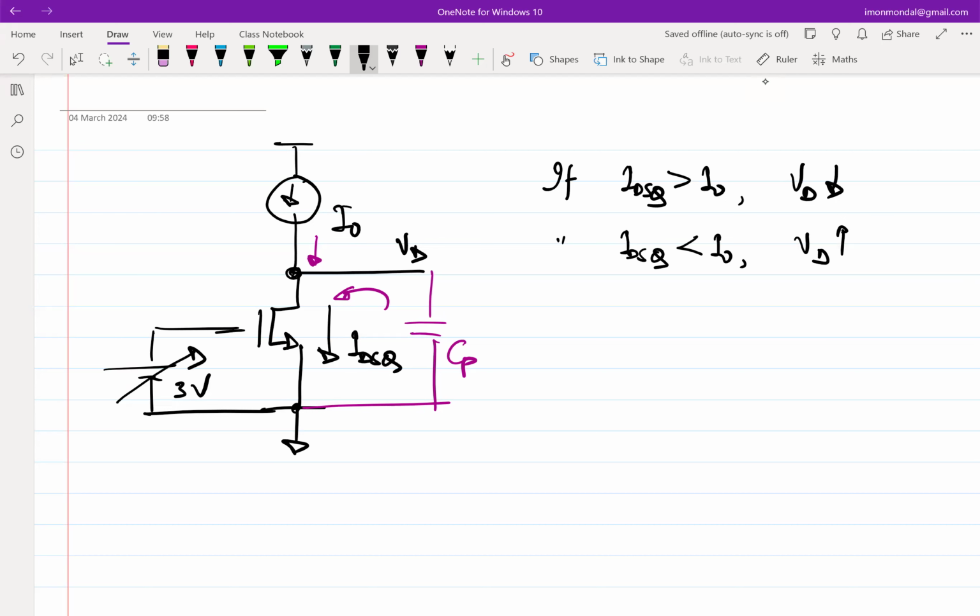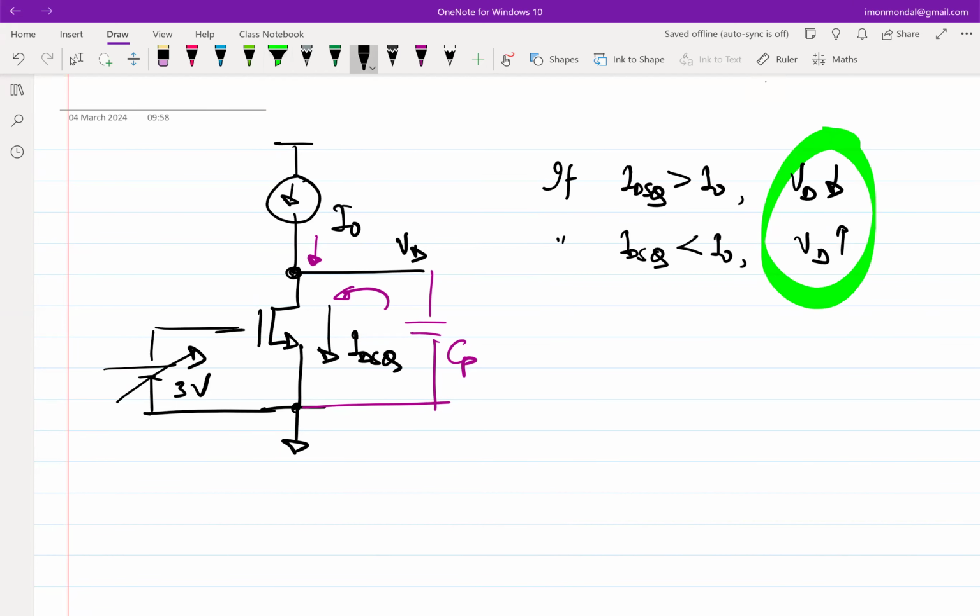Okay. So now if we flip the argument and look at it from the other side, we have connected the circuit in a certain way, and the only way to observe whether the transistor is biased properly or not is to observe this voltage VD.